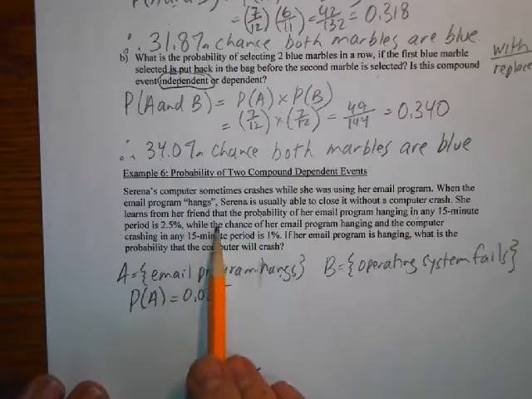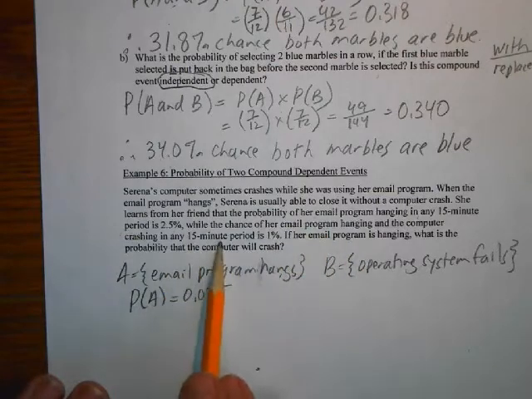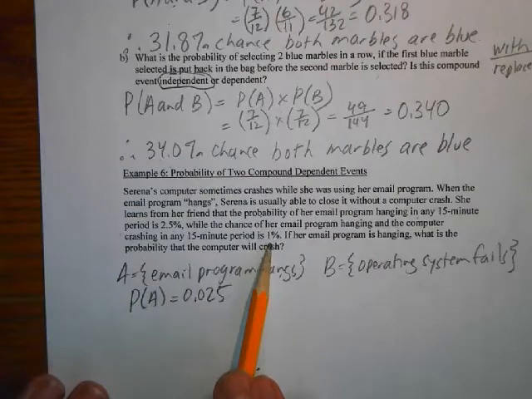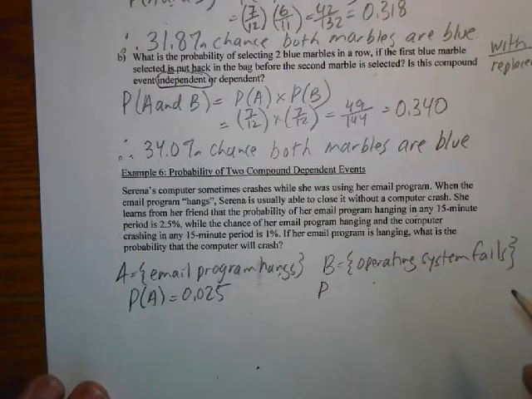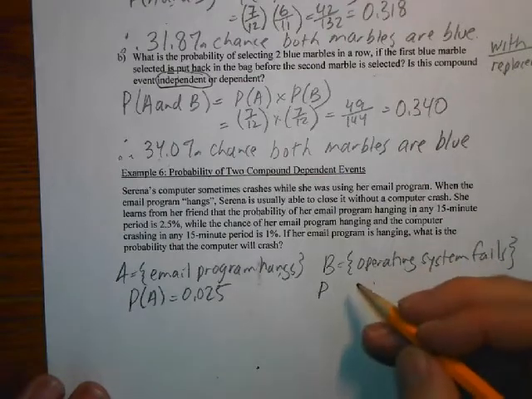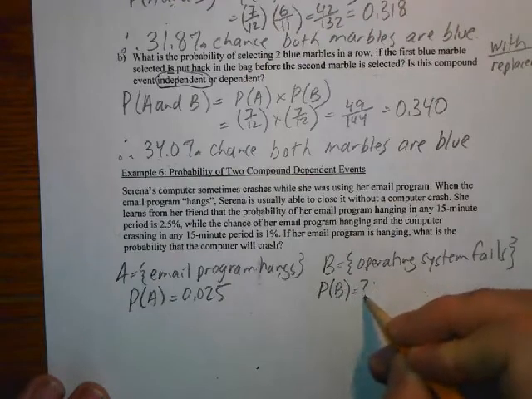And then further on, it says the chance of her email program hanging and the computer crashing in any 15-minute period is 1%. Well, that's not what this is. So the probability of B, we don't actually know that yet. It wasn't given to us.